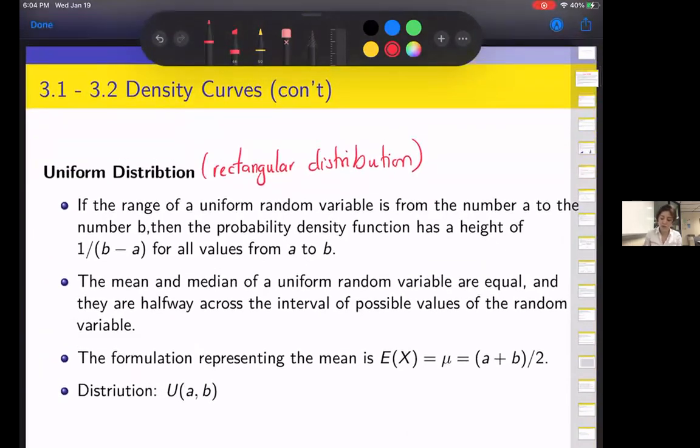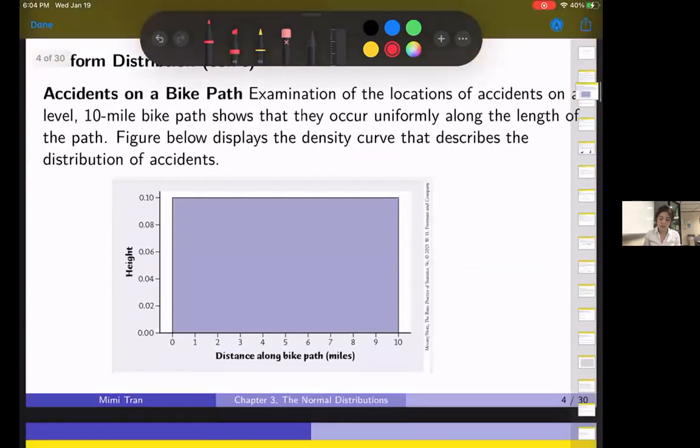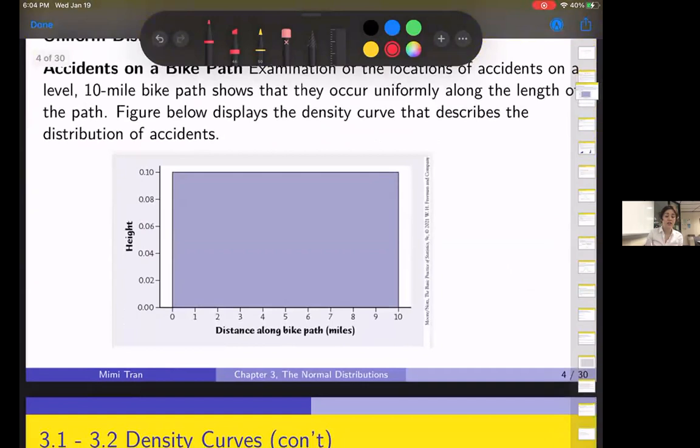If the range of a uniform random variable is from the number a to the number b, then the probability density function has a height of 1 over b minus a for all values from a to b. If you look at this picture, a is the smallest value on the x-axis. Here a starts at 0 and b is 10.